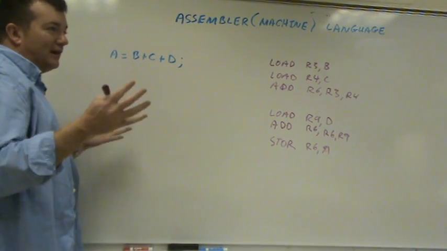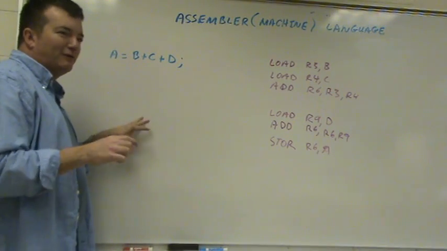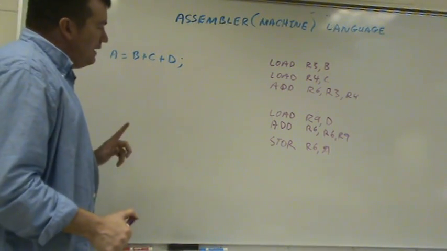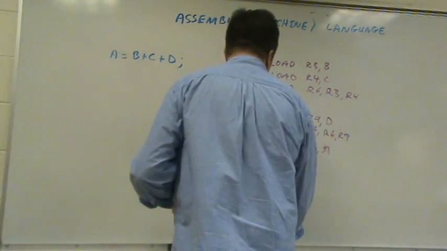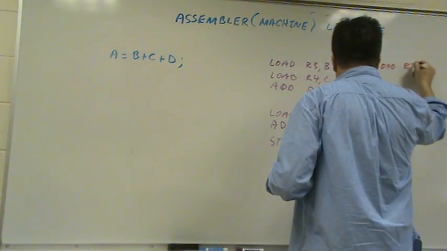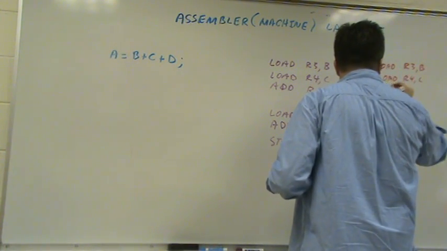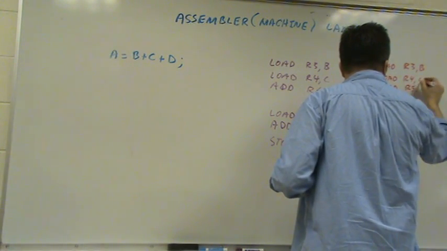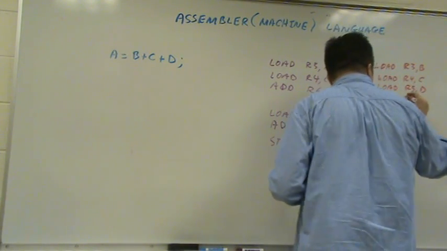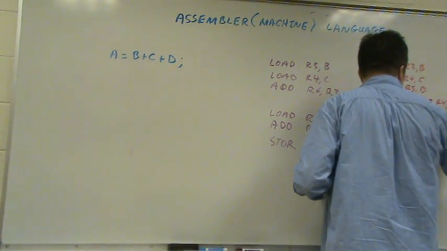Suppose we had an architecture that allowed 3 numbers. We would do one of those ripple adders, but we'd have to figure out a way to take 3 inputs and add them all together. Let's say we had a piece of hardware that did that. It would make the assembler instructions simpler. We could say load R3 B, load R4 C, load R5 D, and then add R9, R3, R4, and R5.